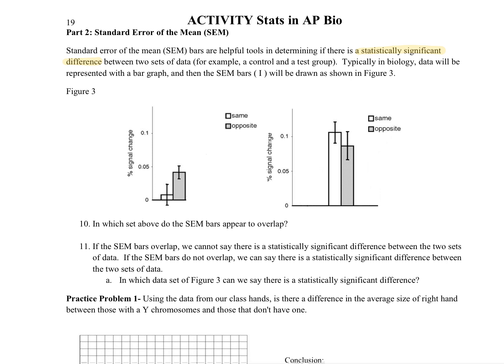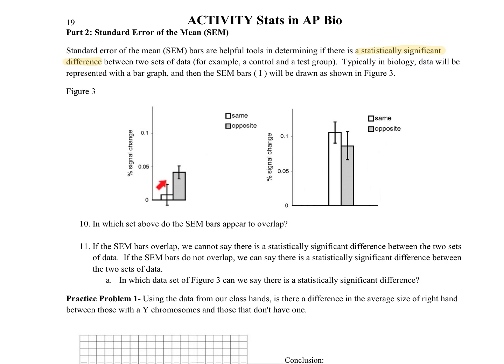Now, when I say overlap, I am talking about just this vertical line right here. And we want to see, is there a difference in the data sets between these two values? So even though the bar graph does show a difference between the data sets, we then look at the SEM bars to see if there's a statistically significant difference.